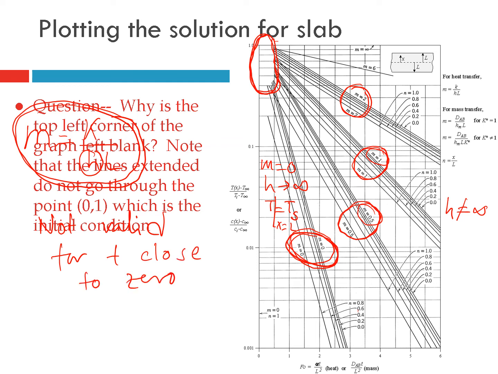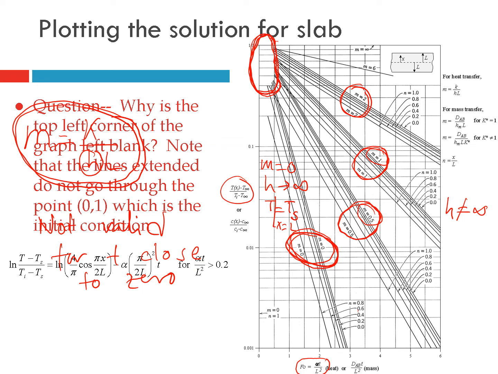Because if time t is close to 0, then I cannot use the one-term solution, which is what these plots are for. Then I have to keep more terms, and the solution will not be a straight line on this log temperature versus linear time.